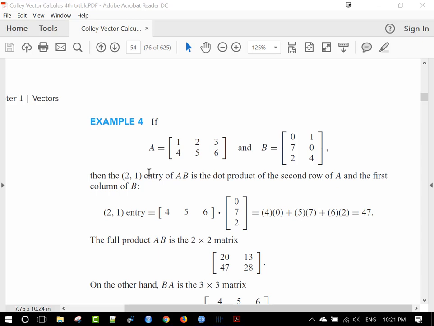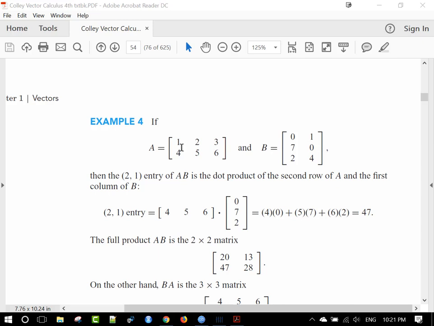Then the size of the result is going to come from not the number of columns here and the number of rows here, but the number of rows here and the number of columns here. So how many rows are there? 2. And how many columns are there? 2. So the size is going to be 2 by 2.